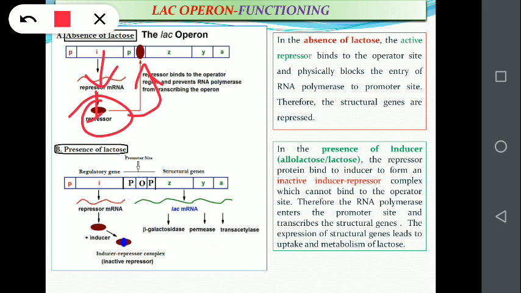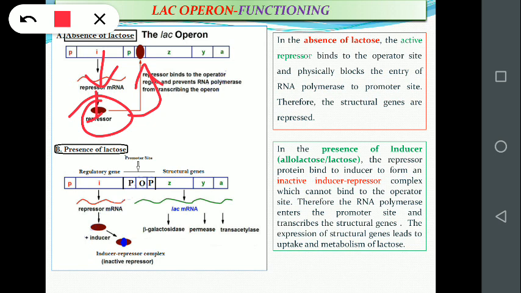Even if it binds to the promoter, it cannot move into the structural genes and transcribe them, because the repressor molecule is restricting the movement of RNA polymerase. It is in front of the polymerase enzyme.